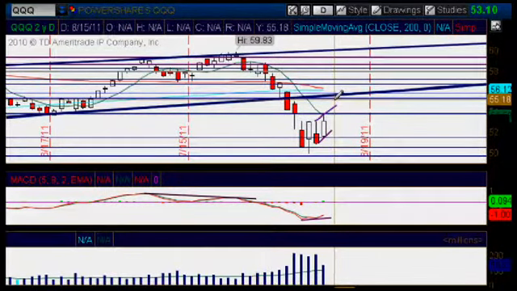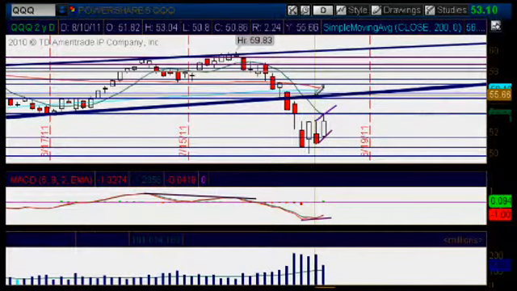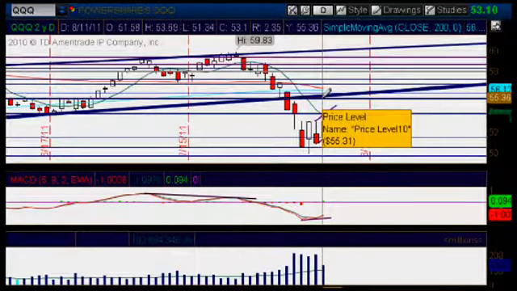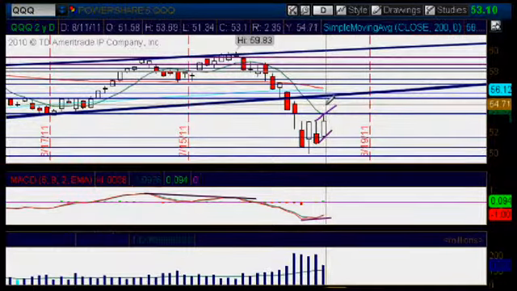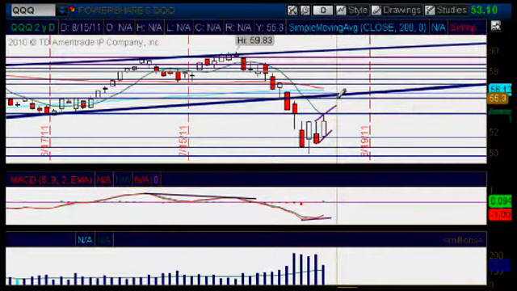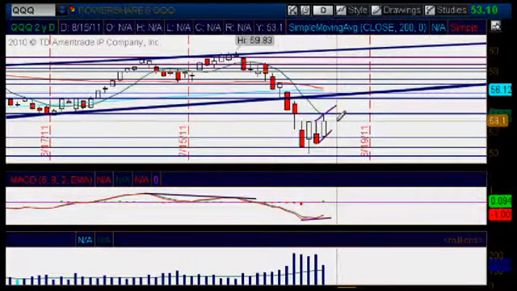I would like to go all the way up to that next area of resistance, which is a significant area of resistance right here at the 55.30 mark. So we could head all the way back up to that area of resistance. So that's what I will be looking for tomorrow.